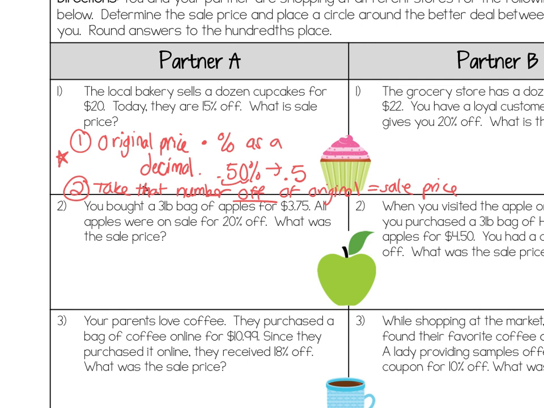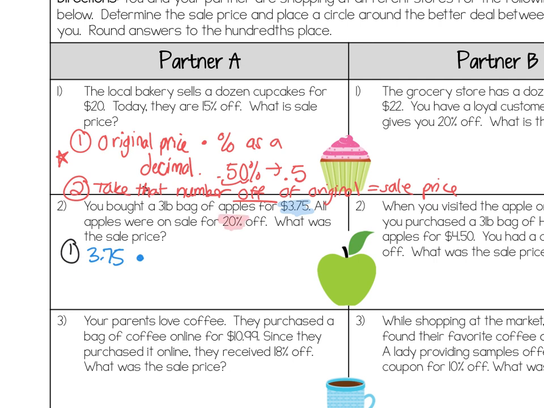So in number 2, it says you bought a 3-pound bag of apples for $3.75. All apples were on sale for 20% off. What was the sale price? Okay, so remember, first step, you're going to take your original price, which was the $3.75, and you're going to multiply that by the percent written as a decimal.